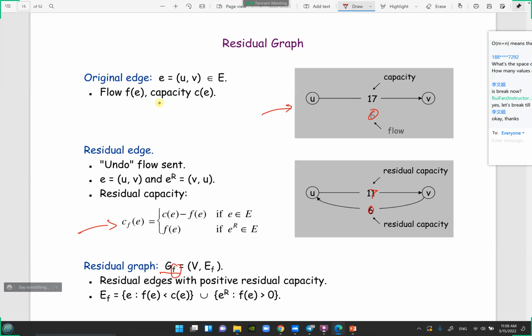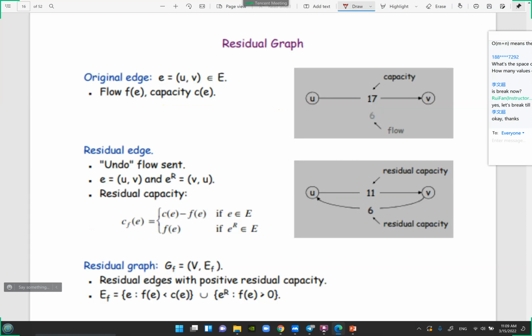So you would have an edge with capacity 0 over here, and in that case we just eliminate this edge. We don't add the edge. Therefore we're only going to make these reverse edges when you have a forward edge with a positive flow. If the forward edge has a flow of 0, we don't create the reverse edge.